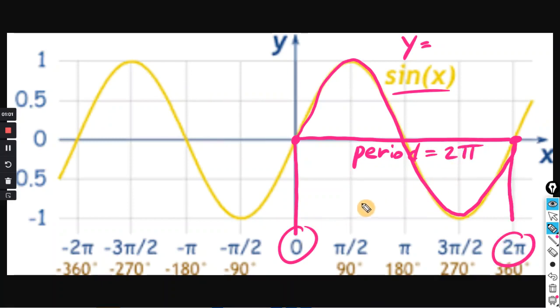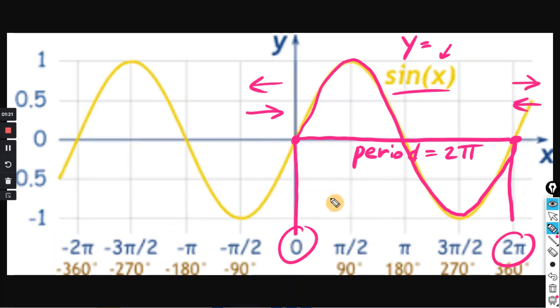Now, if you remember from a previous exercise, when you multiply x by a constant term, it's either going to compress the graph or stretch the graph.